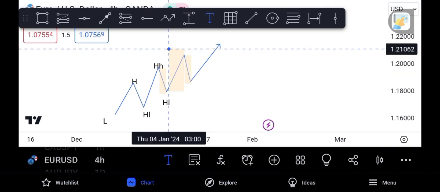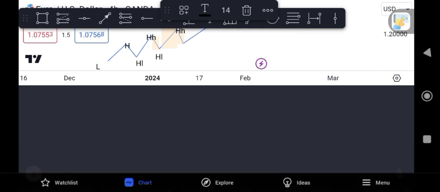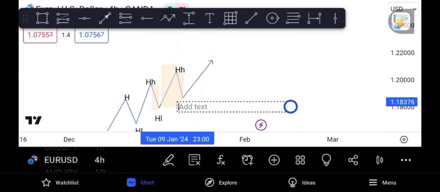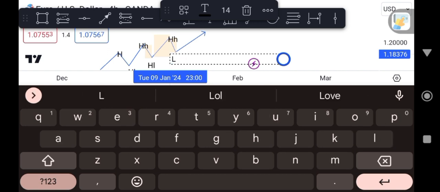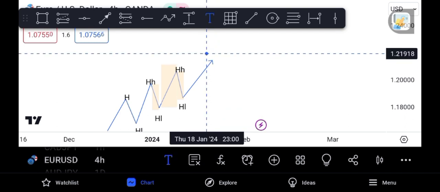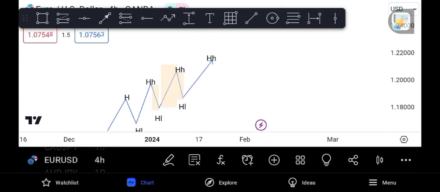Then we have a higher high. Then a higher low. Then we have a higher high there.